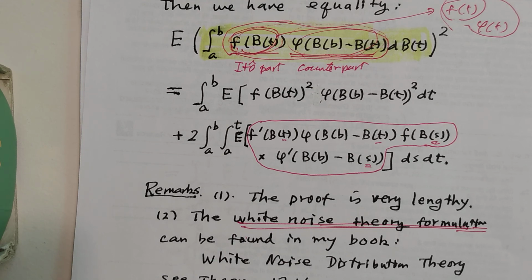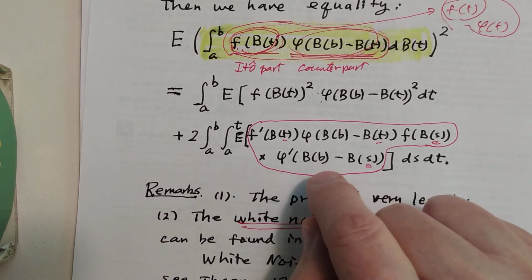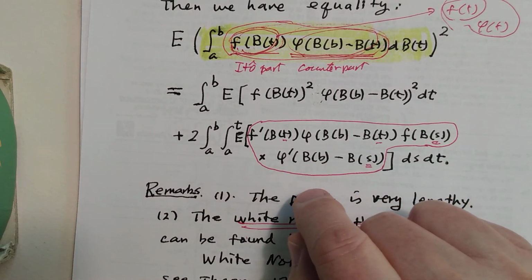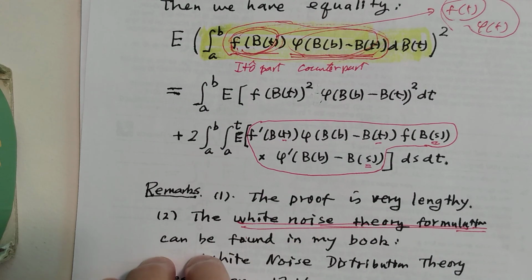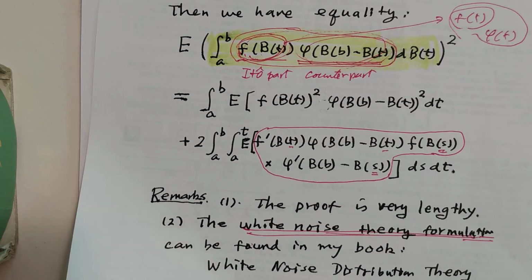So what I'm saying is white noise theory can give us some motivation and some hint as to what kind of result we can expect in the new theory. So the new theory of stochastic integration is somewhat between Ito theory and white noise theory.